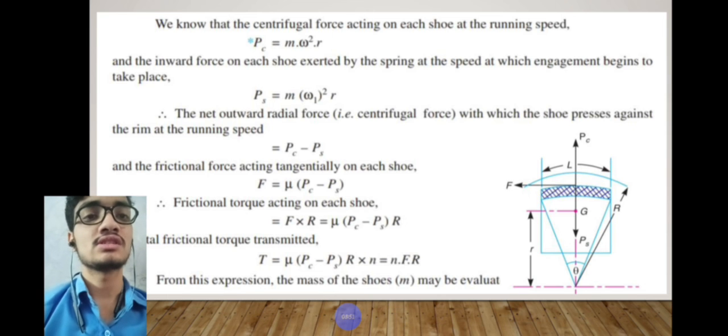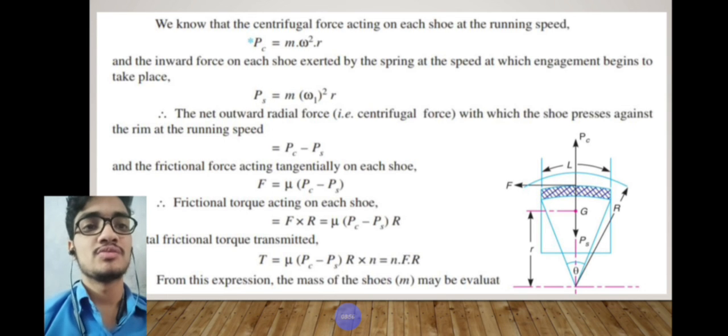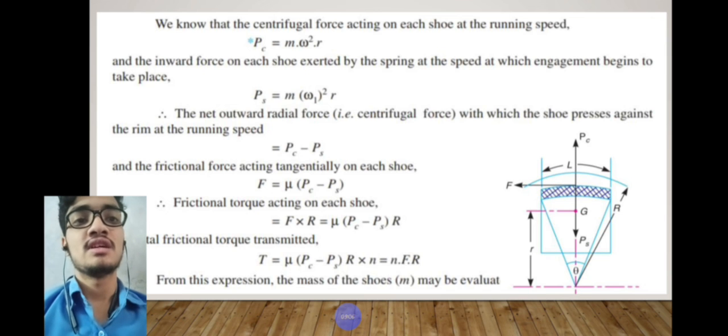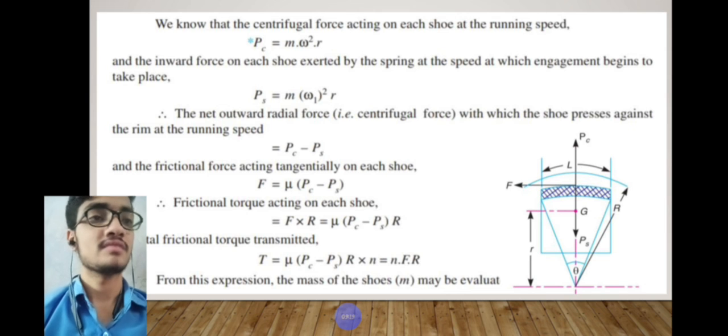Therefore, the frictional torque, which is equal to frictional force into R, is mu into Pc minus Ps into R. Total frictional torque transmitted, T, is equal to mu into Pc minus Ps into R into N. Substituting the frictional force value, we get N into F into R. From this expression, the mass of the shoe may be evaluated. Thank you.